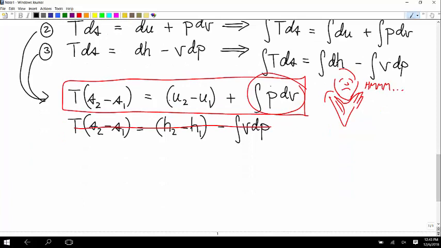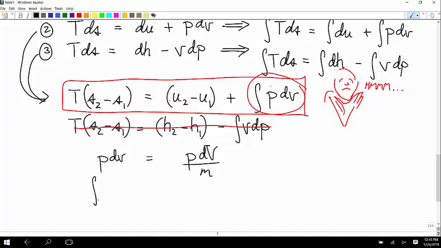Okay, so p dv is equal to p d capital V over the mass, and the mass stays constant over this whole thing.